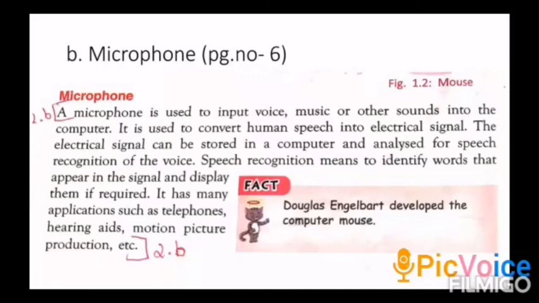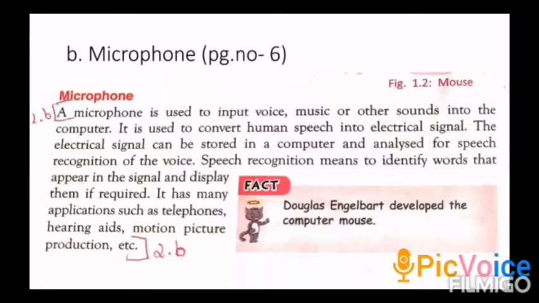The second one, microphone. This is page number 6. Answer: a microphone is used to input voice, music or other sounds into the computer. It is used to convert human speech into electrical signal.